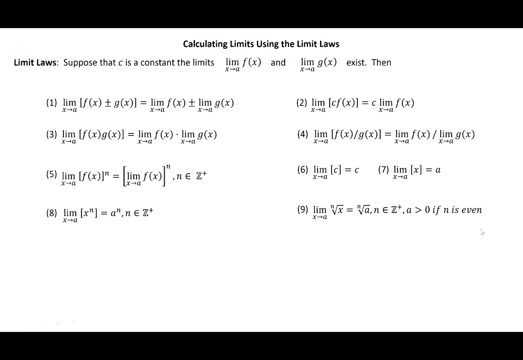Okay, so if n is odd, it's okay. How come a could be anything, positive or negative, if n is odd? Does that make sense? Okay, let's see. Pick 3 for n. So in that case, we're talking about the cube root of x. Could x be, say, -8? A negative number?